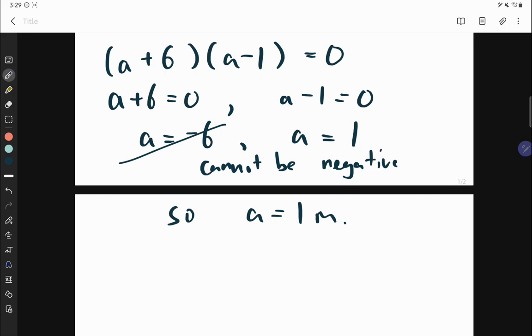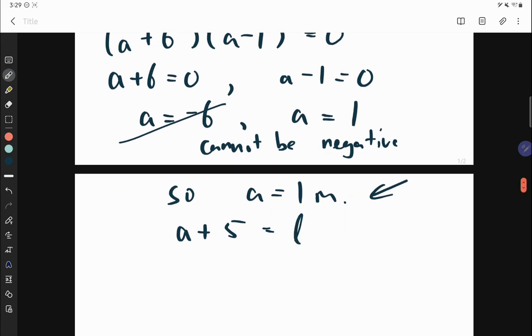Right, now that's the width for plot number 1. For the length of plot number 1, we know that it's A plus 5 equals the length. So A plus 5 is 1 plus 5, gives us 6 meters, that's the length.